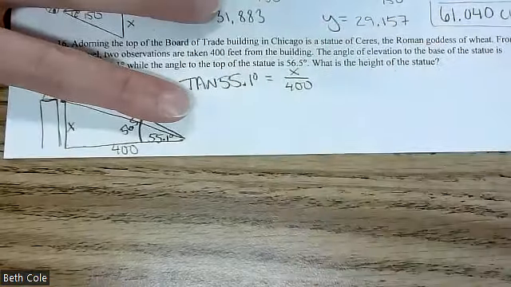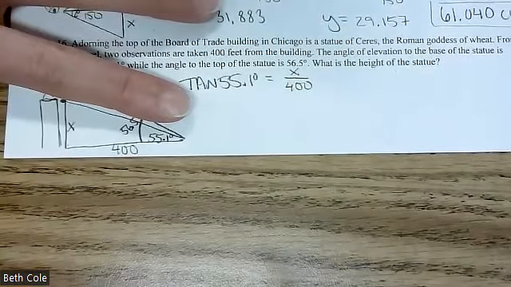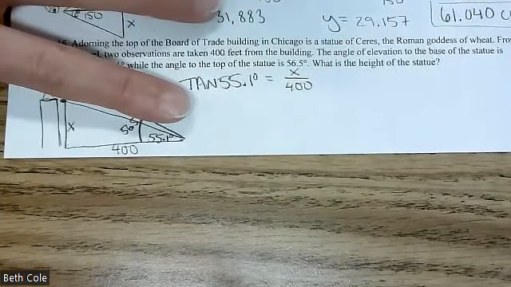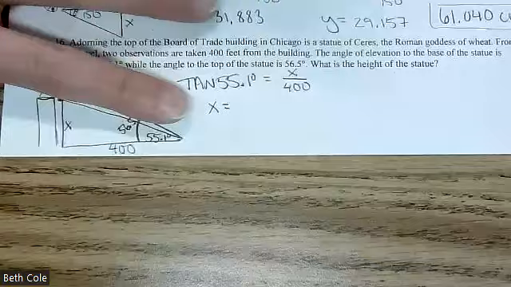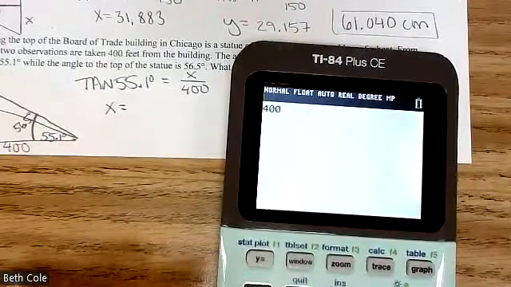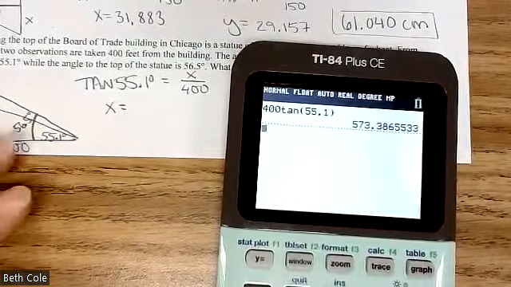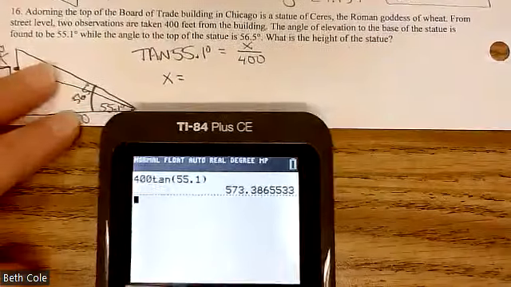That's going to give us the height of the building. When we find X, that's the height of the building. Go ahead and type that in. It'll be 400 tangent 55.1. You should get a large number.